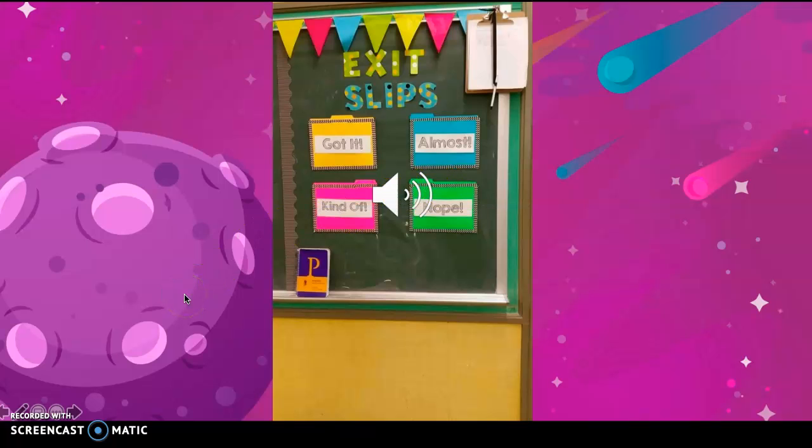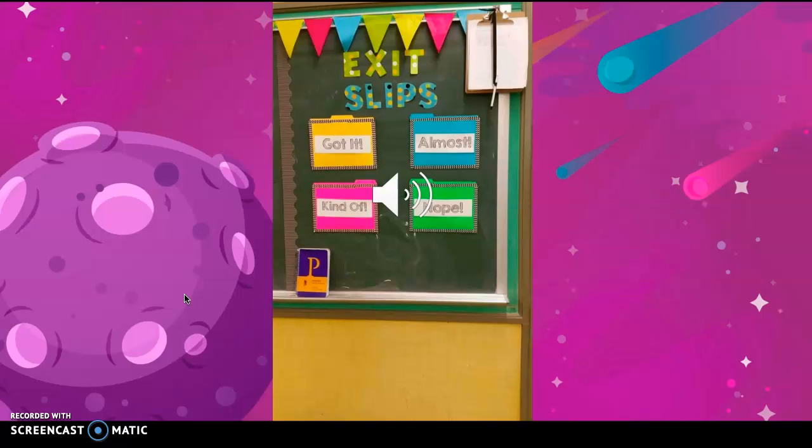Exit flips. So I thought this was a neat way of doing it. So no, it's not exactly science specific. However, I think these are very useful and would probably be a permanent part on the wall in my class. I think they're very helpful for the teacher as you can tell where to focus on more, where students have gotten the concepts that you want them to get, and I think it's helpful for the next time you teach the lesson as well.